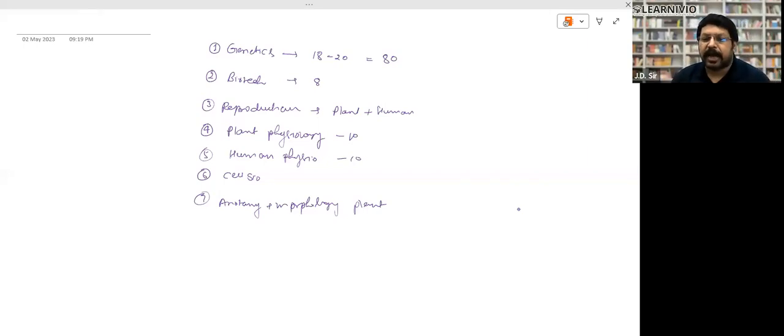So this is my analysis, and we should study this way. But right now this is for the dropper student. As you belong to the 12th class, genetics you will go through with biotech. If you had completed your 12th class, then I might have started from the genetics section.